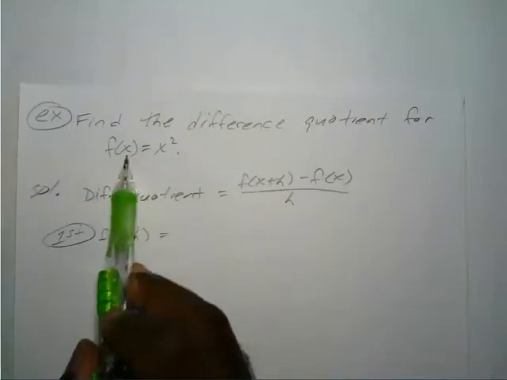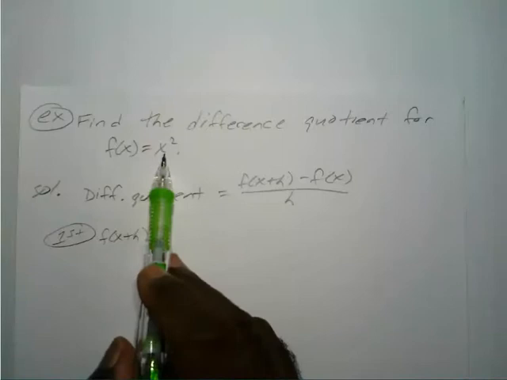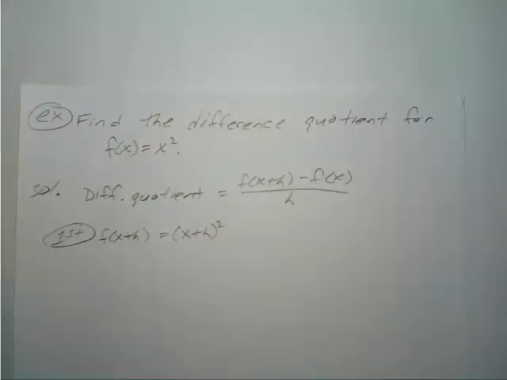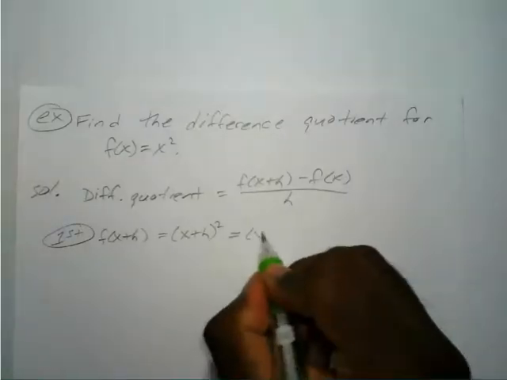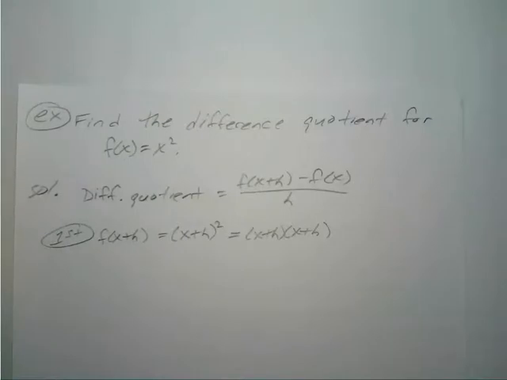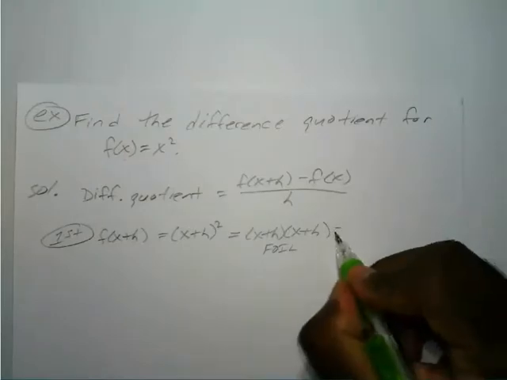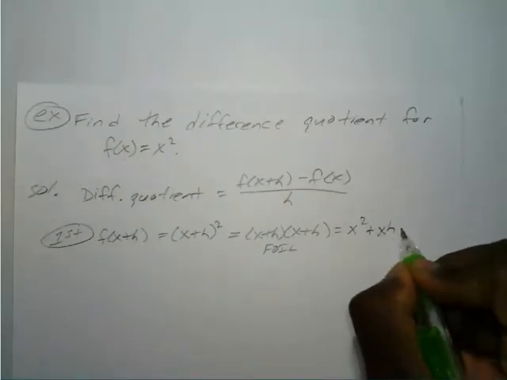Since our f of x is equal to x squared, f of x plus h is just replacing every x with x plus h. So that's x plus h squared, which is just x plus h times x plus h. If we go ahead and FOIL that, that gives us x squared plus xh plus xh plus h squared.